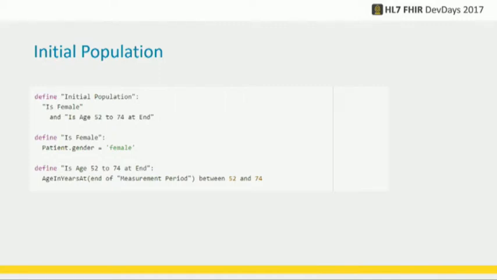So each measure will have expressions for all of the top level criteria, that are then made up of more detailed statements about what that criteria actually means. So in this case, the initial population is those two criteria, and those are defined in terms further of is female, is the patient.gender is female, and the is age 52 to 74 at end. We just use a calculation to pull the age and do a comparison there. So that's pretty straightforward representation.